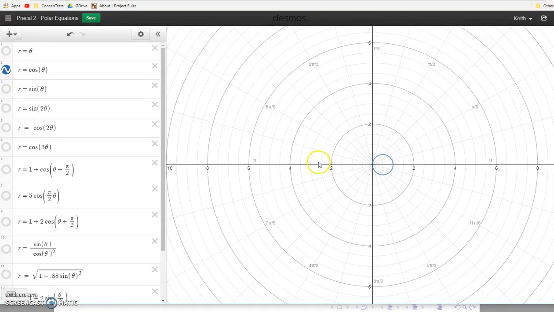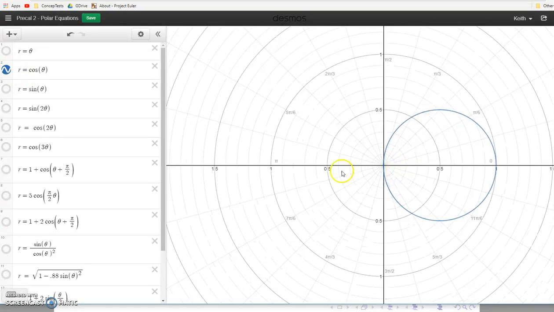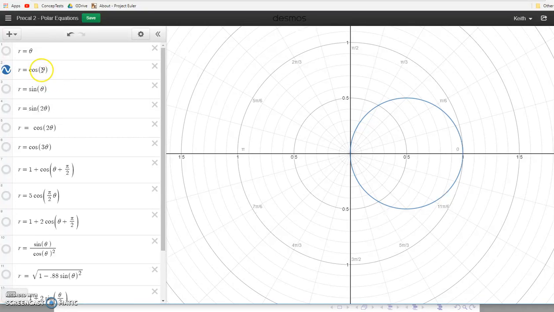So r equal cosine theta, that's something you can figure out by plotting points pretty quickly, right? When theta is 0, cosine is 1. When theta is pi over 2, cosine is 0. When theta is pi over 4, cosine is root 2 over 2, which corresponds about there. When theta is pi over 6, it's about root 3 over 2. And at pi over 3, it's at 1/2, which is what we expect.